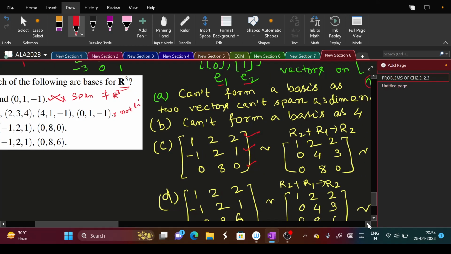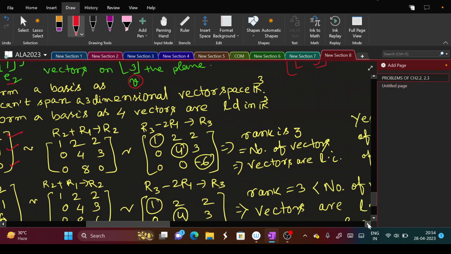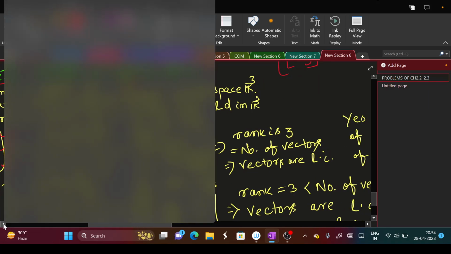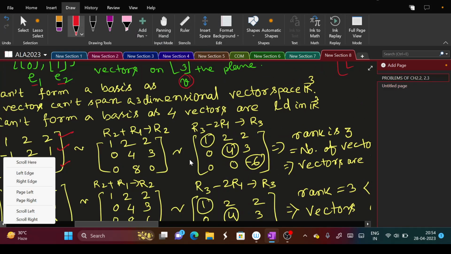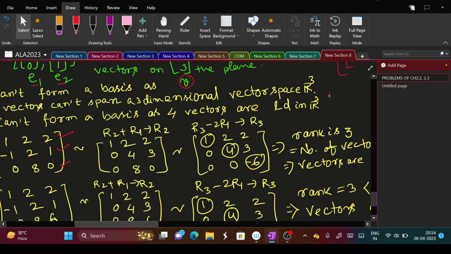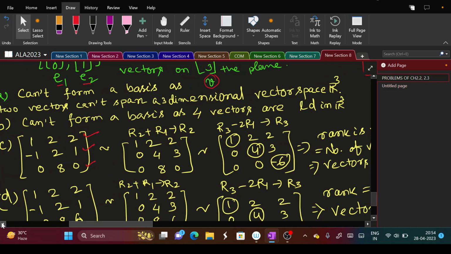What are we getting? First row plus second row: it is 0, 4, and 2 plus 1 it is 3. And the third row is kept as it is.